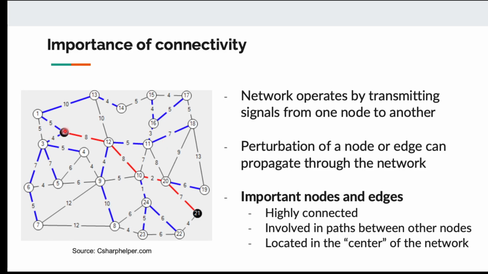Or when proteins bind to each other, they can form a complex that can activate different functions, different pathways. So we think of networks in biology as constantly sending some signal from one protein to the next. So the connection is important.